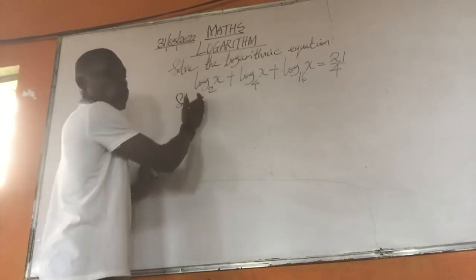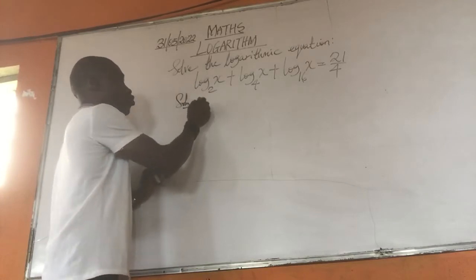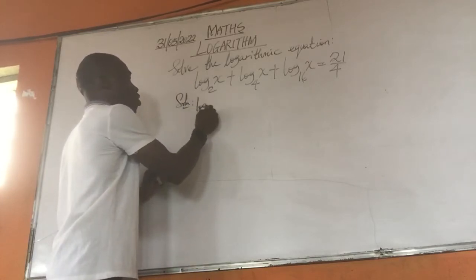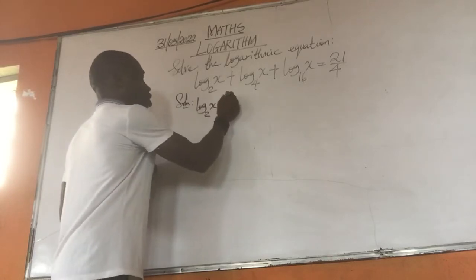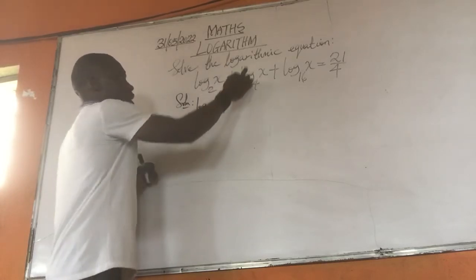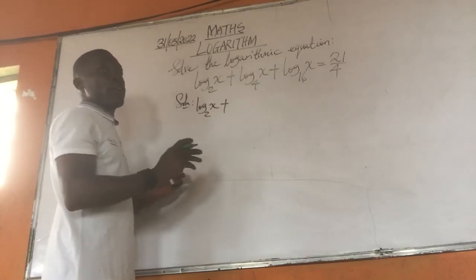So we already have the lowest base, which is 2. This will give us log base 2 of x plus, that is this sign here. Then how do you reduce this to base 2? Very simple.